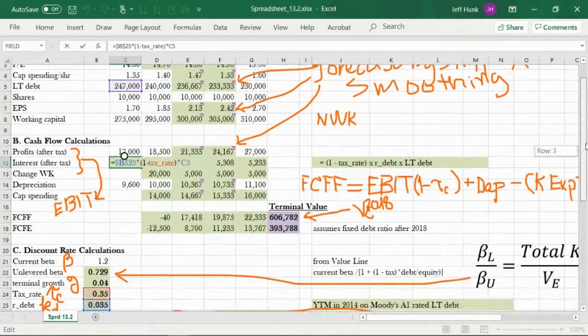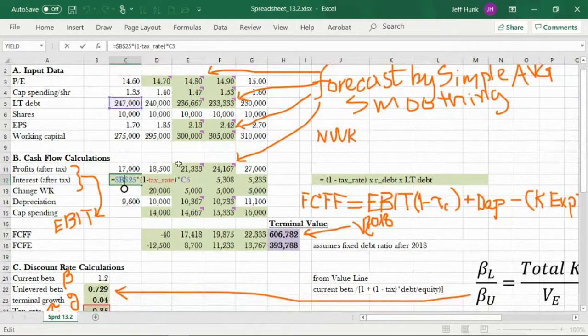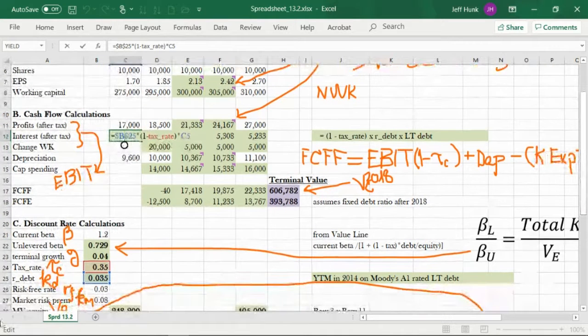And C5 is long-term debt. B25, what was B20? Oh, the tax rate. I mean, the interest rate. B25 is the interest rate. How do you know? It says return on debt. Return on debt is what? Cost of debt, which is interest rate, right?